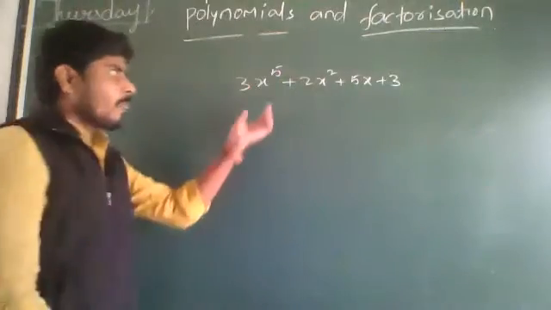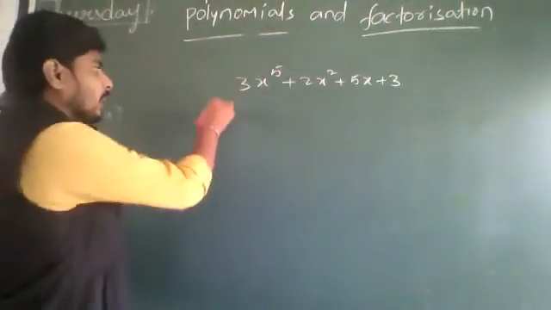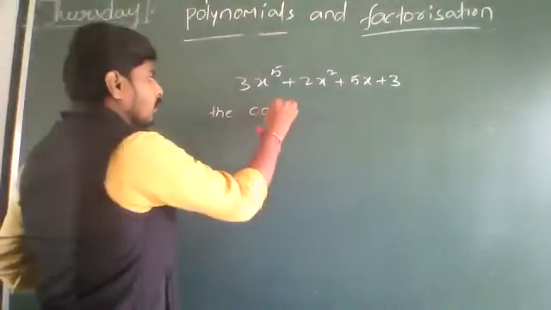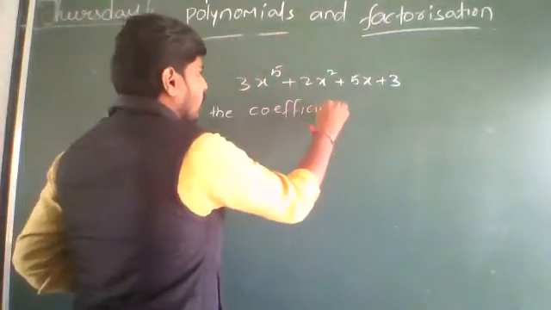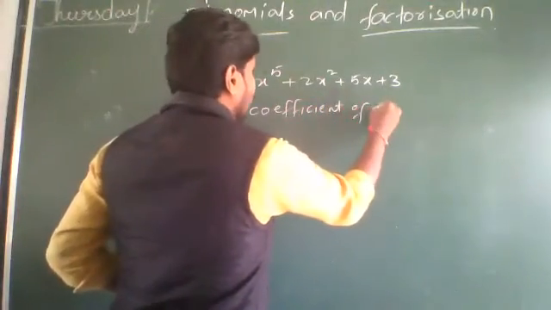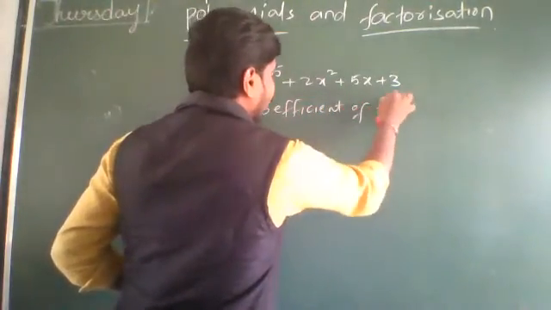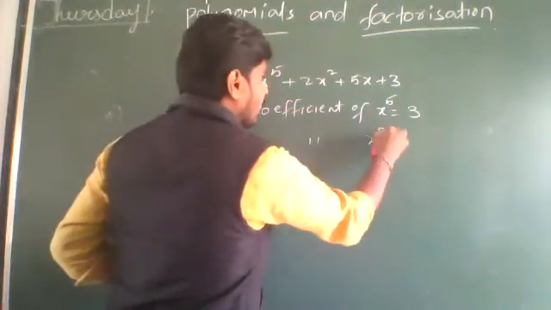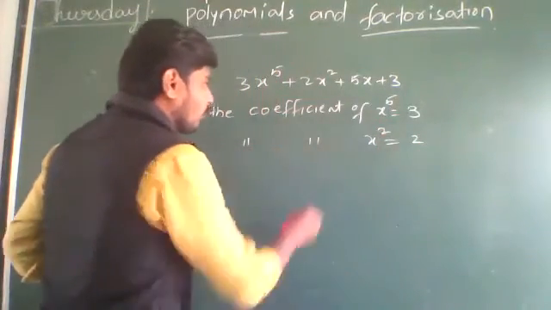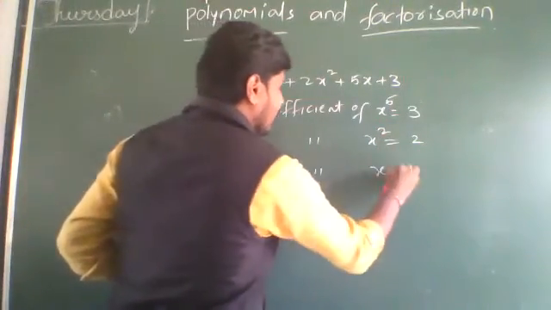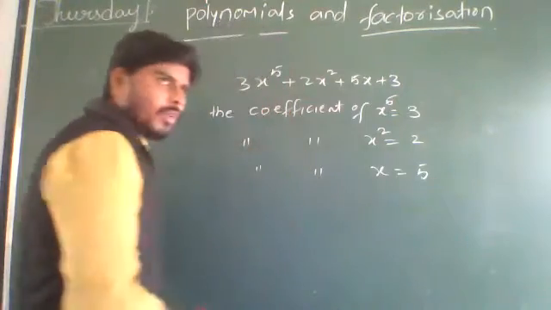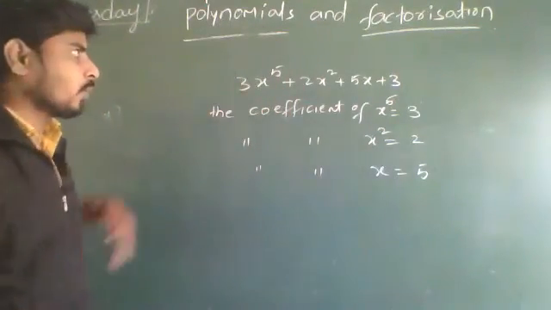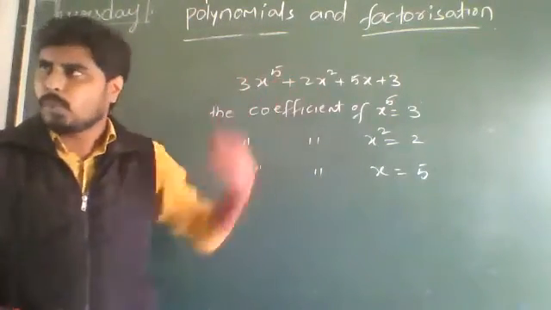See now here. The coefficient of x power 5 is 3. The coefficient of x power 2 is 2. The coefficient of x is 5. Okay. Suppose I ask you to write the coefficient of x power 4.